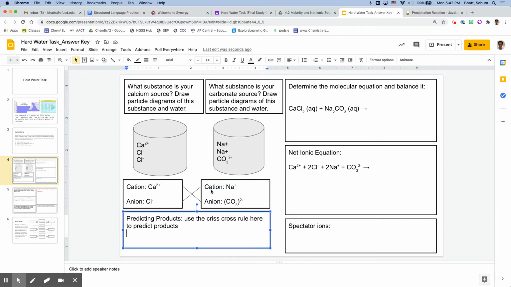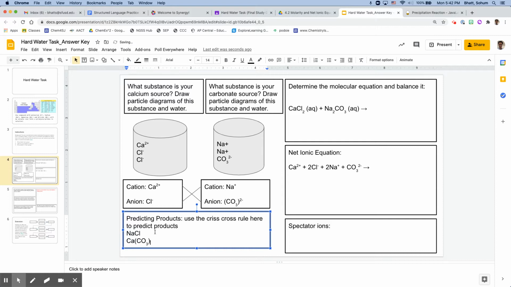The crisscross rule, when you're doing Na and Cl, that gives you NaCl. That's quite simple. They both have a charge of +1. You notice that your calcium and your carbonate have a +2 and a -2 charge. And so therefore it only takes one of each to cancel each other out. And so after you do your crisscross rule, you're going to end up with CaCO3.